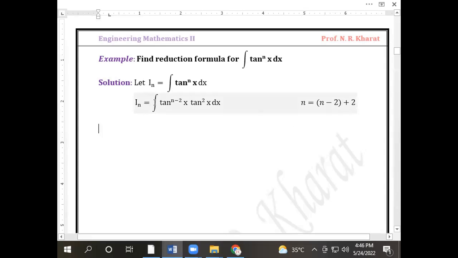So the integration becomes the product of two tan functions: tan whose index is n minus 2 of x, then tan square x dx. But we don't know the integration of tan square.